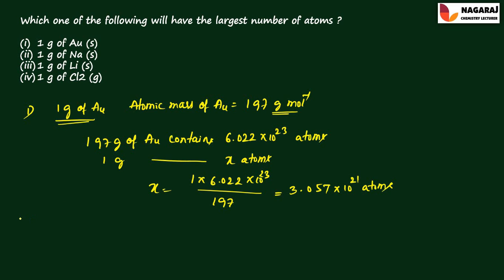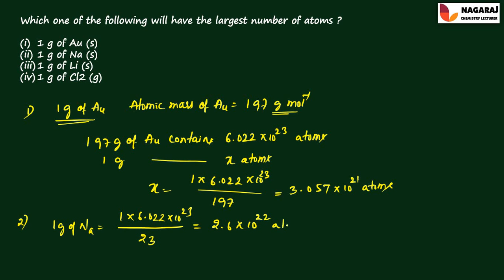And let us calculate the number of atoms in 1 gram of sodium. That is, 1 gram of sodium is equal to 1 into 6.022 into 10 to the power 23 divided by the atomic mass of sodium, which is 23. So on simplification it gives 2.6 into 10 to the power 22 atoms.